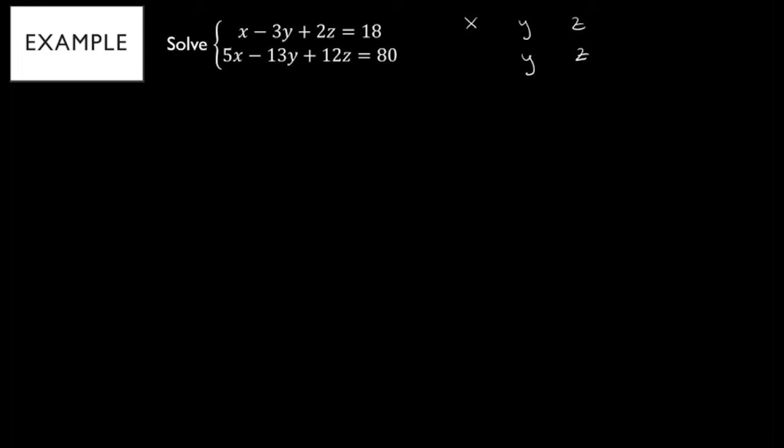So here's how I organize everything. First off, I label my equations. And then I actually write down what I am doing. So I am going to eliminate x in equation 2. That's my goal. I just write this down.